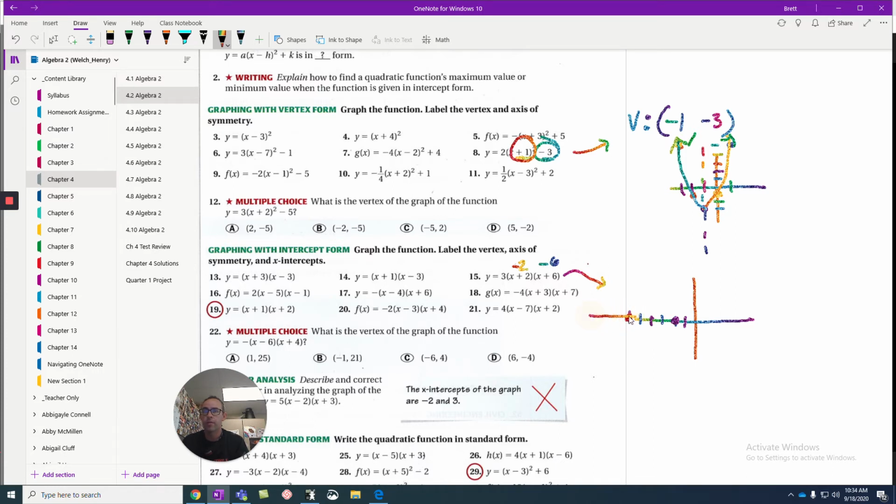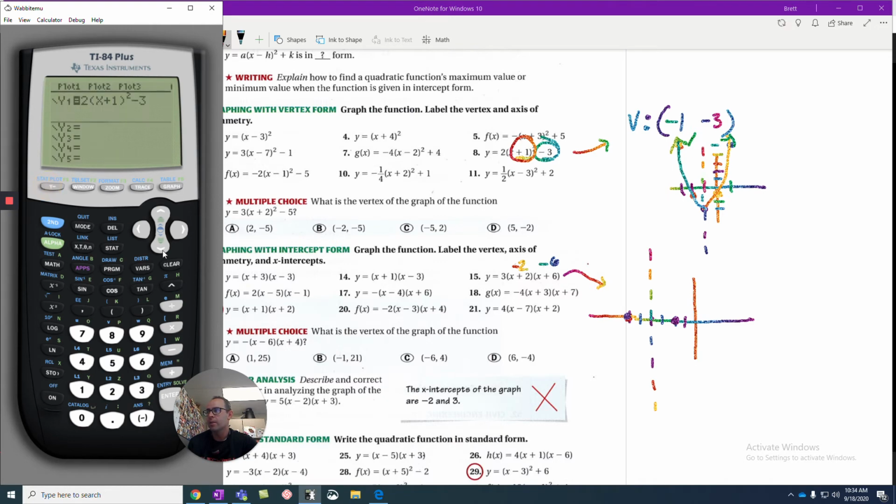And I might need to go a little bit further, but I know that it's crossing in these 2 spots. Now, if I take the average of -2 and -6, I look for the middle of that, it would put me at -4. I know that my vertex has to be somewhere on the line x equals -4, the axis of symmetry. Still probably going to use my calculator to help along the way.